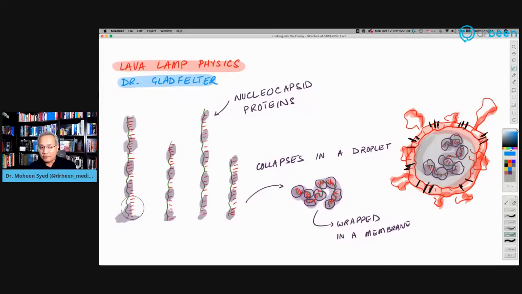So how clever of the virus that it actually avoids wasting its RNA, and it has processes to make one RNA into one virus instead of having multiple RNAs packaged in one virus. If you see here, these are the threads, then they get collapsed with the nucleocapsid proteins into a small blob.